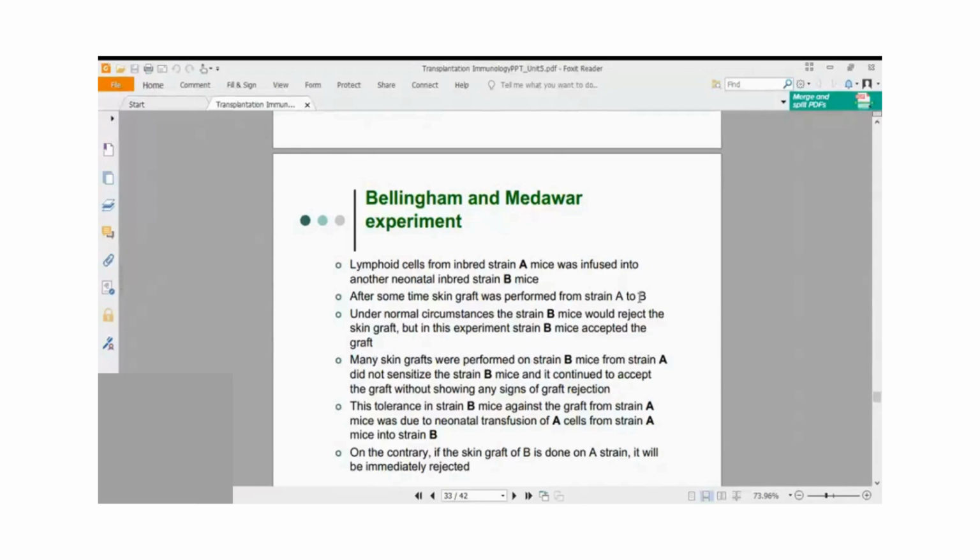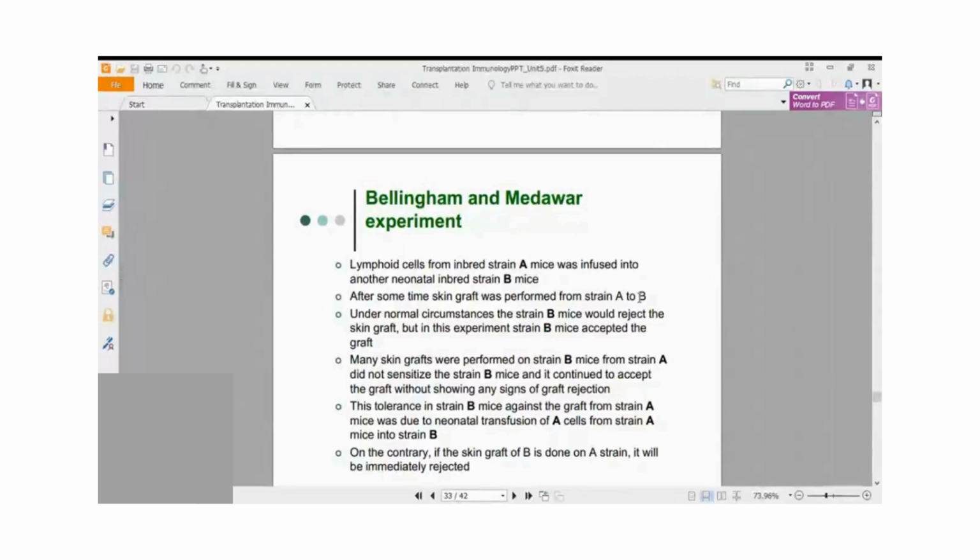What they did is they took the antigen of A and injected that into the umbilical cord of the developing B strain pups in the uterus of the mother and sutured back the uterus. The lymphoid cells of the A strain were injected into the umbilical cord of the B strain mouse that was developing in the uterus of the B inbred mouse.